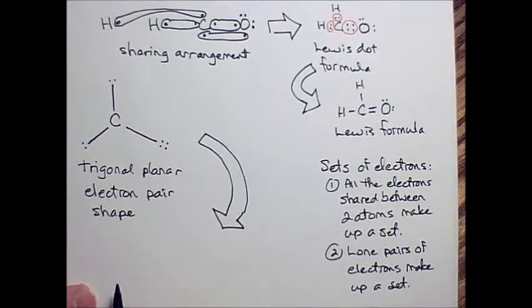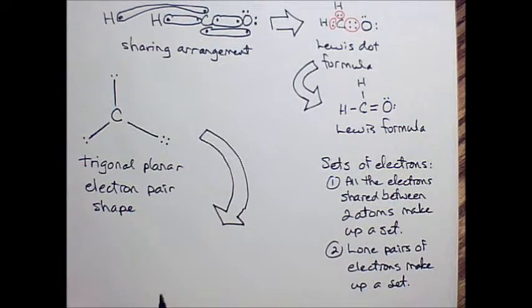All right, from that trigonal planar electron pair shape, we're going to follow the same steps we did yesterday, where we're going to redraw the same drawing, every detail of that same drawing down here.